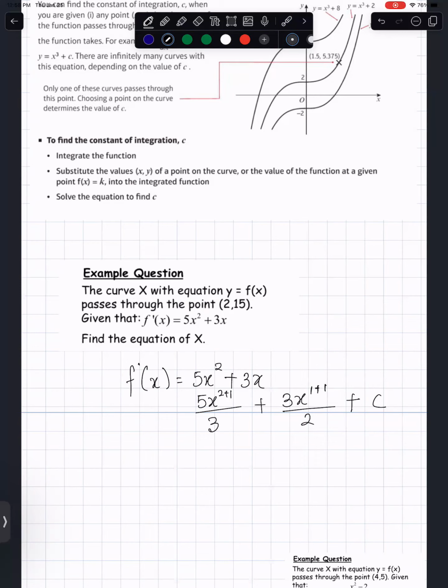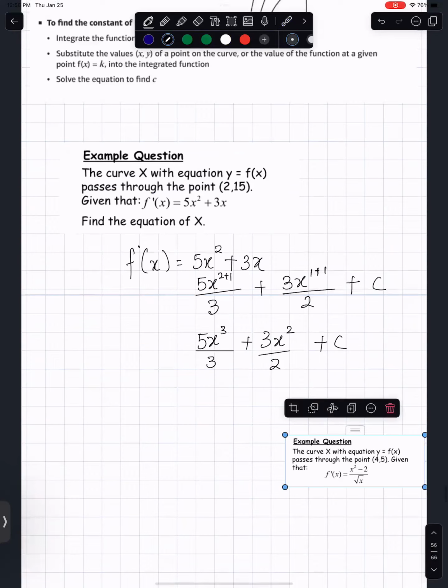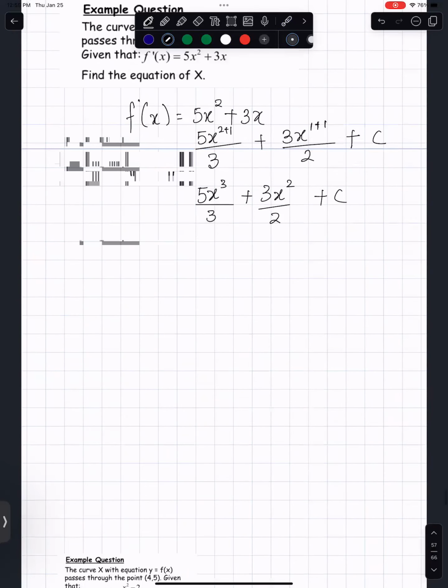Okay, so this is what we have. So I'll have 5x cubed divided by 3 plus 3x squared divided by 2 plus c.